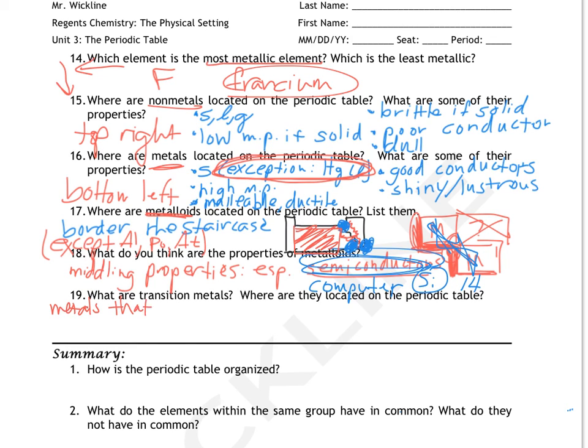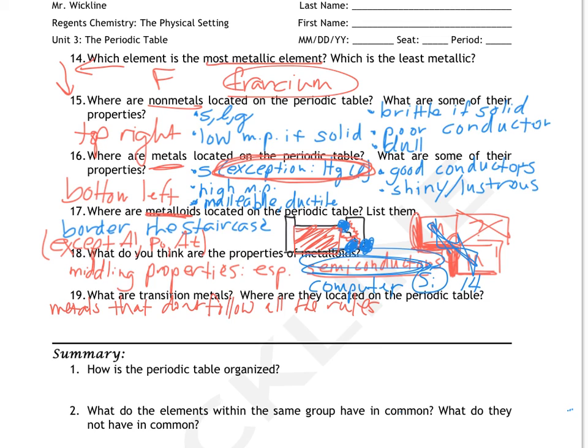So these are metals that don't follow all the rules. Typically, the Regents won't ask you a lot of specific questions about transition metals for that reason.